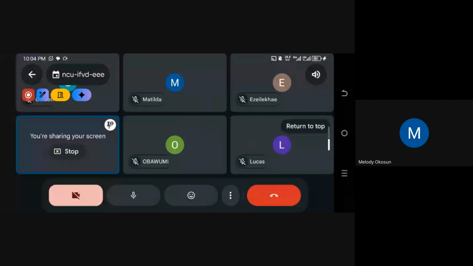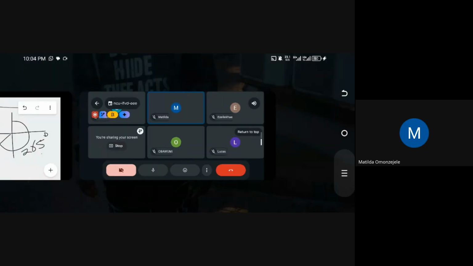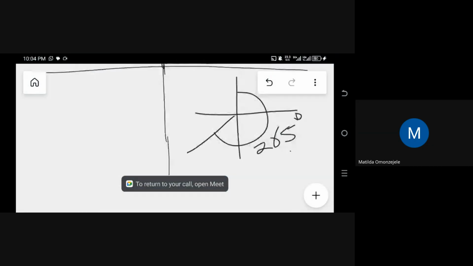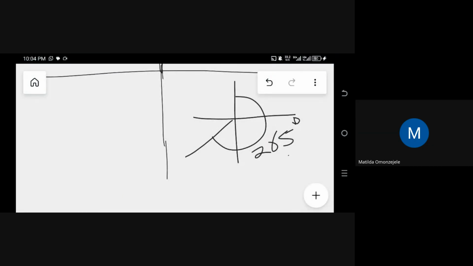So it's Matilda's turn. Would you want me to go back to the question, Matilda? Yes, sir. Okay. So this is the question. This is a 3-digit bearing. Convert it to a compass bearing and let's see the results we should have.